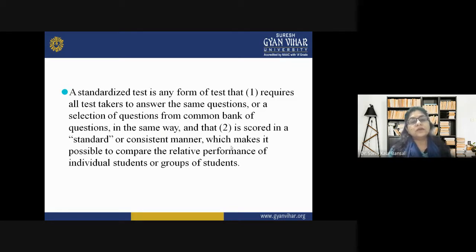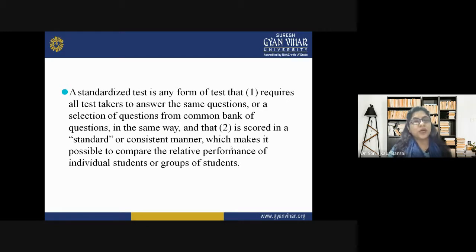You will be asking the same questions to all the samples, or a selection of questions from a common bank of questions is done in the same way, and it is scored in a standard or consistent manner, which makes it possible to compare the relative performance of individual students or groups of students. So this is how a standardized test works.